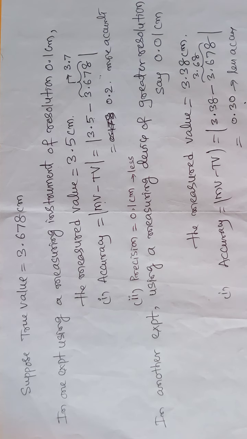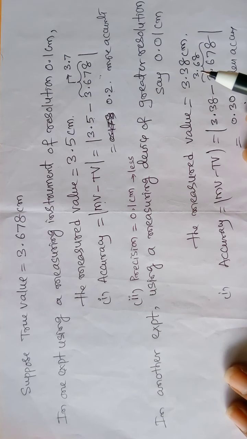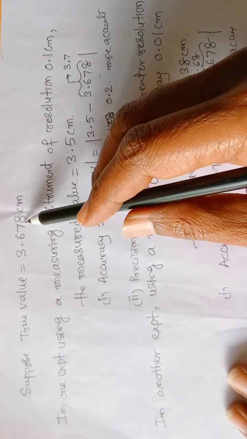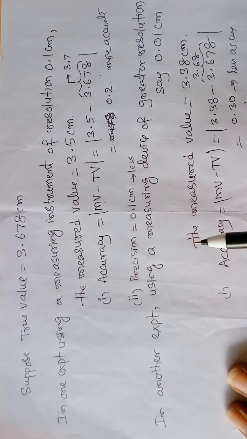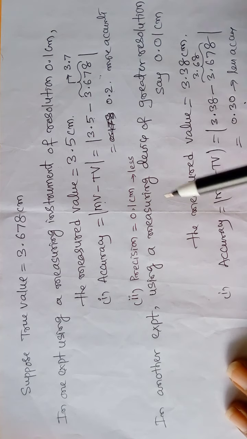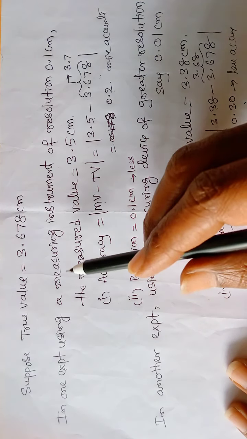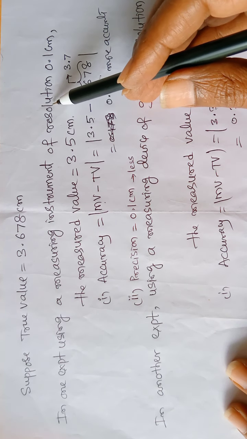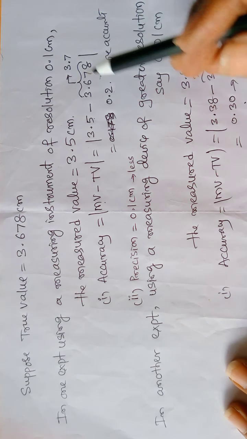So far, we discussed accuracy and precision. We can understand this very well with an example. Suppose the true value of an object is 3.678 centimeter. First, you are measuring the object with the help of an instrument whose resolution is 0.1 centimeter.